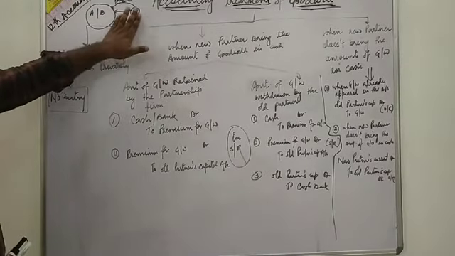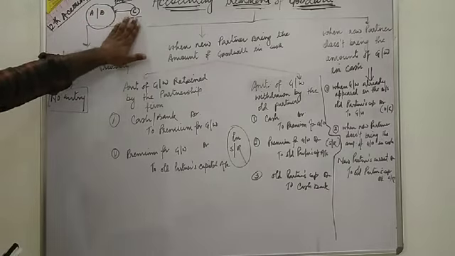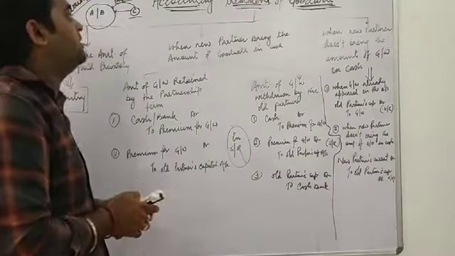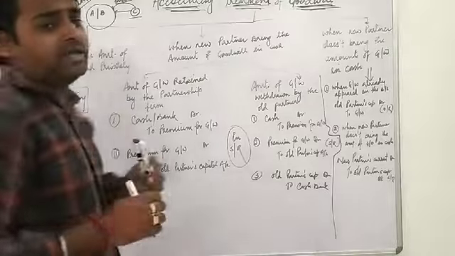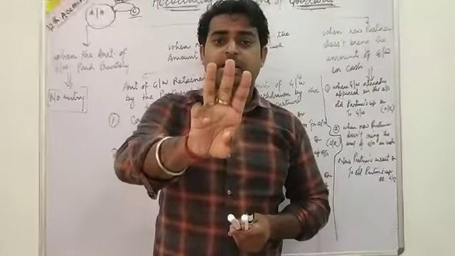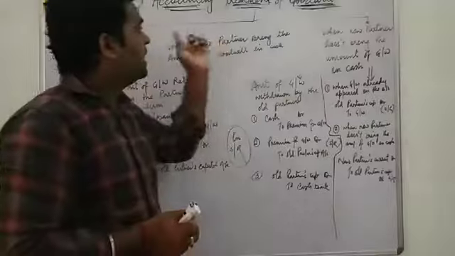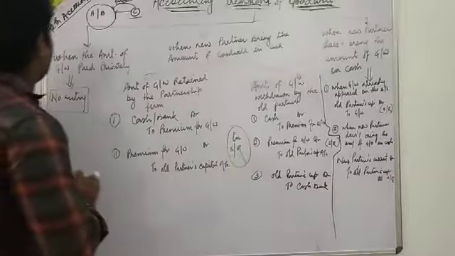Whatever amount is brought by the new partner, what will be the accounting treatment done by the old partners? There are three methods where we can do all this accounting treatment.